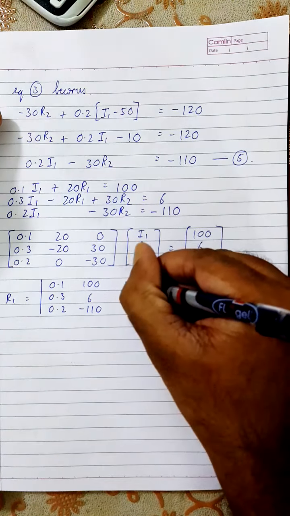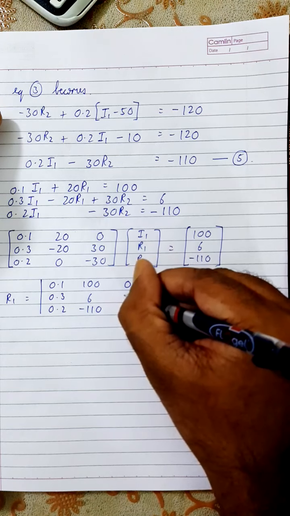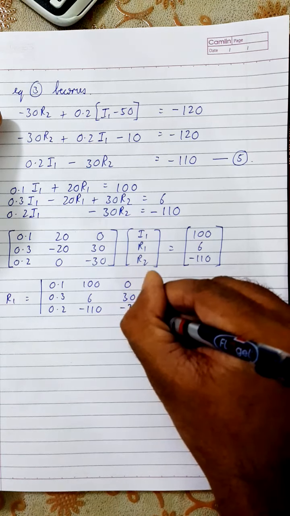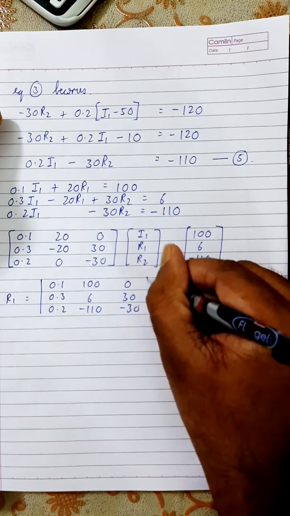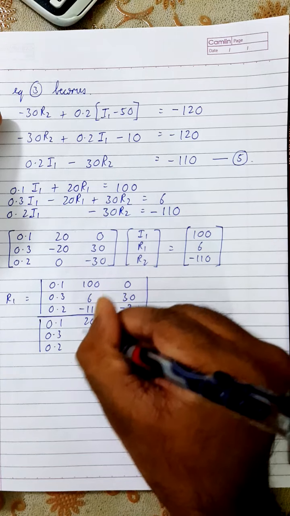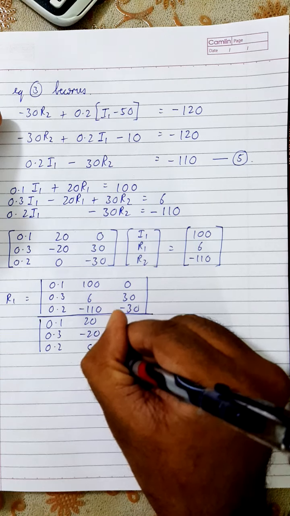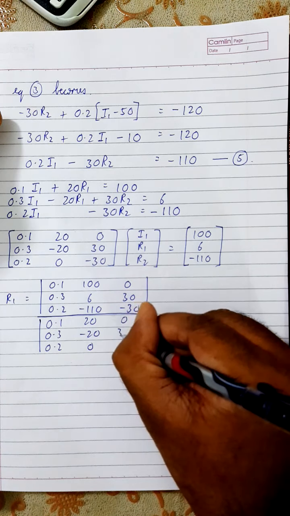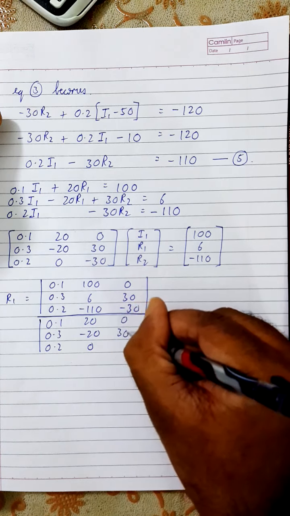The first column is 0.1, 0.3, 0.2 and the third column is the same, 0, 30, minus 30. The denominator is the coefficient matrix: 0.1, 0.3, 0.2, 20, minus 20, 0, 0, 30, minus 30.